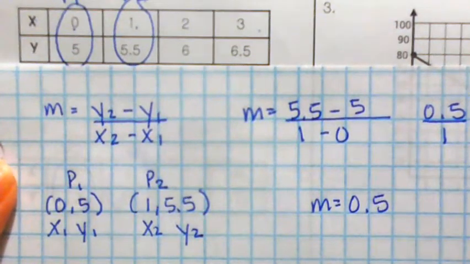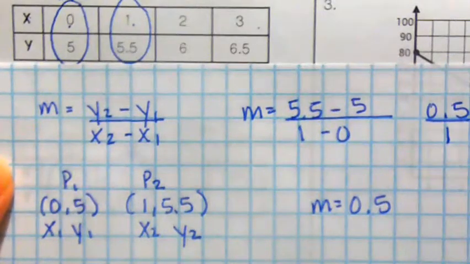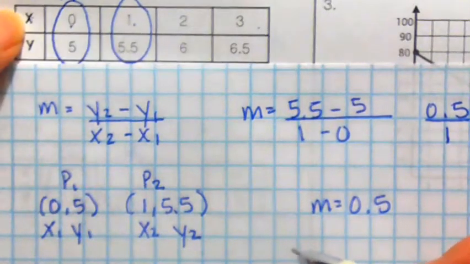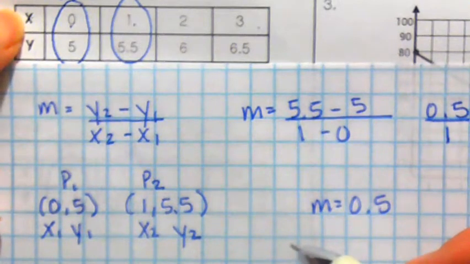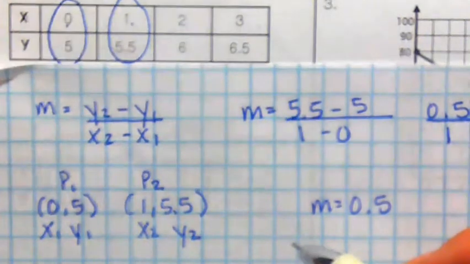Now, something I want to call your attention to is that when you're finding slope, what you're finding is every time x goes up by 1, how much does y go up by? So the more y goes up every time x goes up by 1, the steeper your slope is going to be. That's a bigger number.